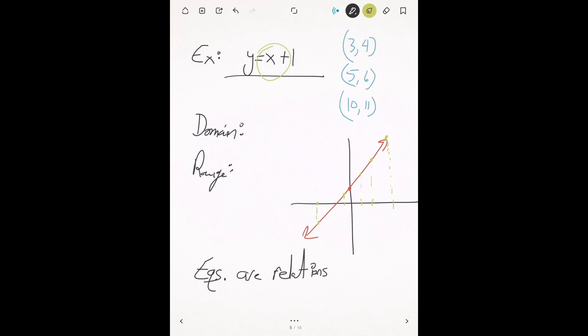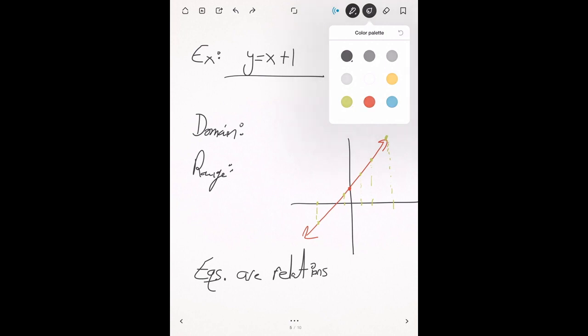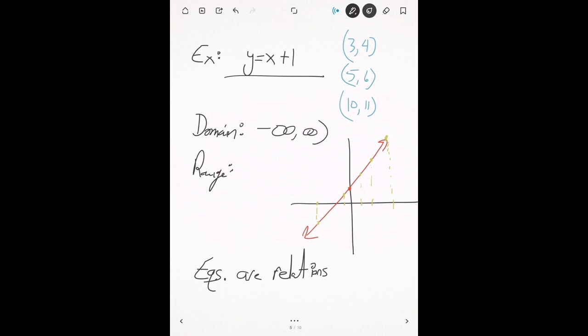Could I plug in 10 billion and 2, or could I plug in 500 trillion.1, whatever? I could plug in pretty much anything I want for x. So we're going to say that the domain for this is negative infinity to infinity. We can plug in whatever we want, and there will always be a coordinate point for every single x value.